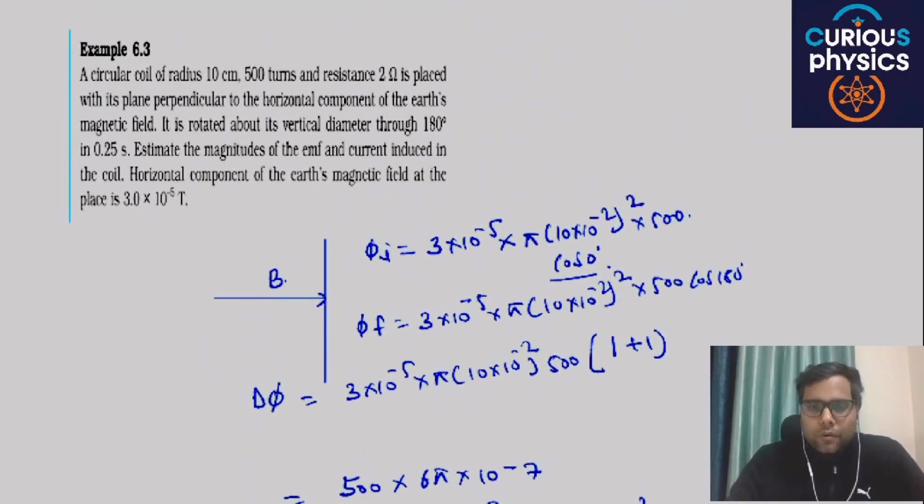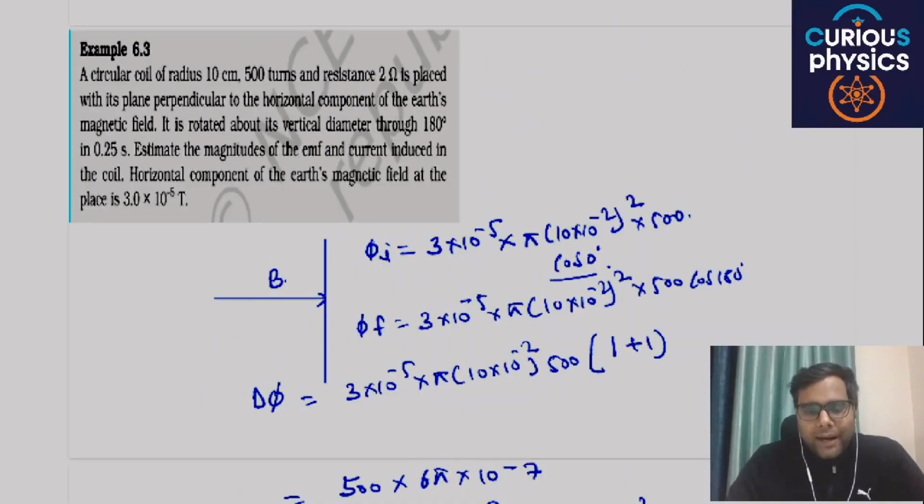The basic focus is on finding the change in magnetic flux. The change in magnetic flux is phi initial minus phi final, and the value of phi is B A cos theta. So if there is a change, then there will be a change in either the value of B A or theta.